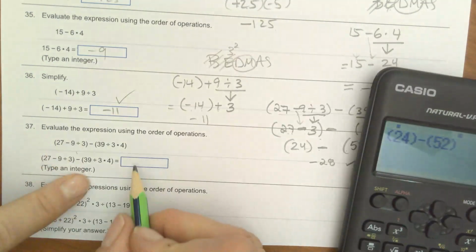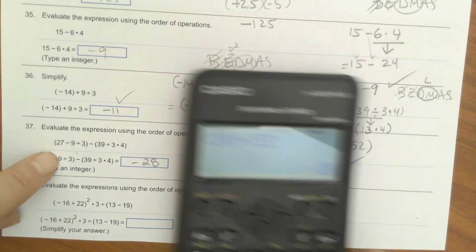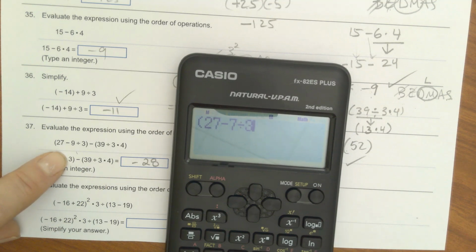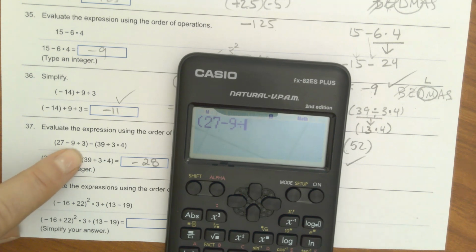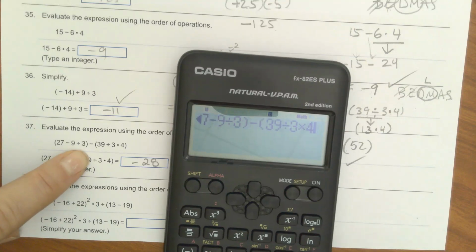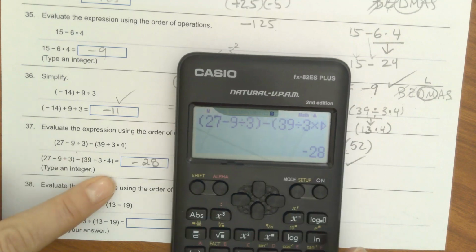So we put minus 28 here. But let's check our answer to make sure. Put what you see in. Is that correct? Oh, I put a 7 instead of 9. Yay, we're correct. Okay, last one.